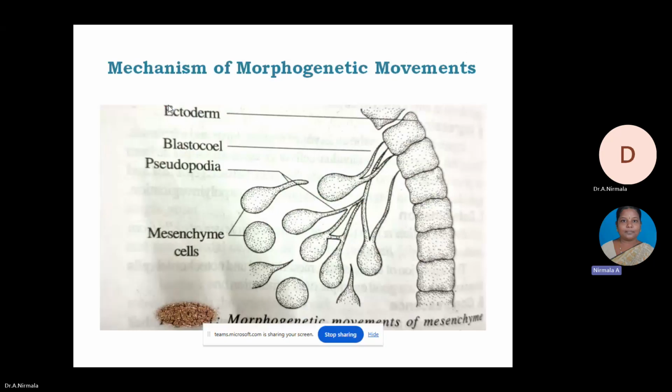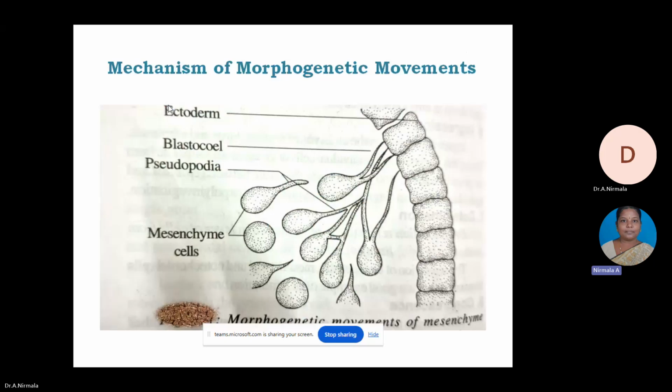The inner end of the cells expands and the outer end contracts. As a result, the cells attain a bottle-shaped structure. The neck of the bottle gets attached to the surface and the body of the cell is drawn away from the surface.